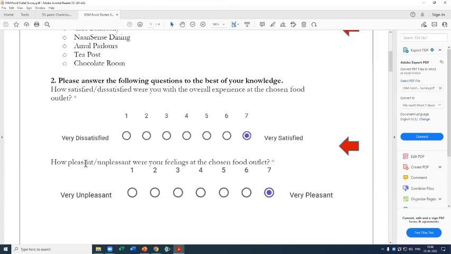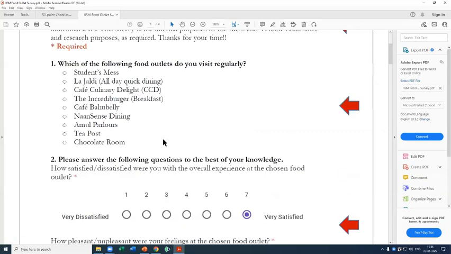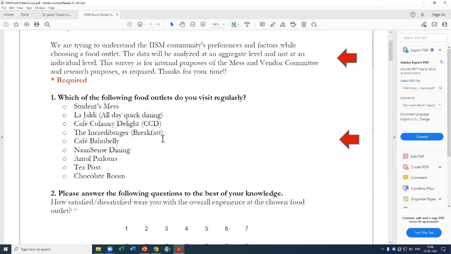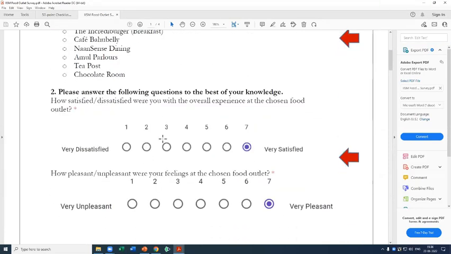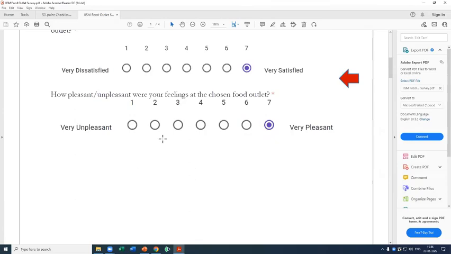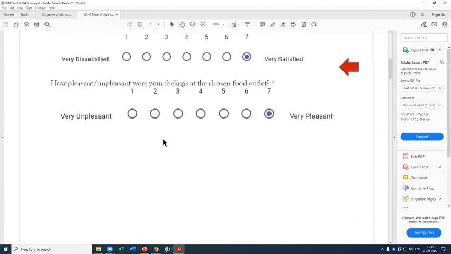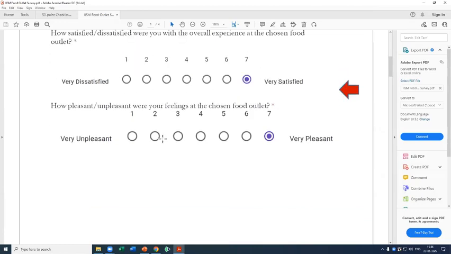There's this very dissatisfied and very unpleasant. I can't hear you, if you could be a little bit louder. There's this very dissatisfied, very unpleasant, those kind of options. So generally we look at it as one and then we feel the same. Maybe I don't know if that's the case. Here you have something like very dissatisfied and very satisfied, very unpleasant, very pleasant.